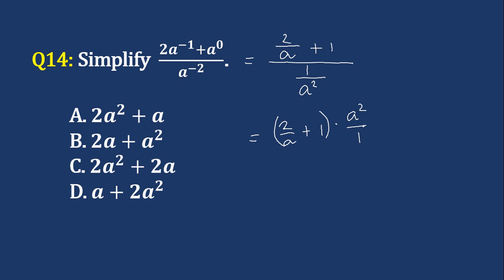That's just a squared, right? Now, let us distribute a squared inside. So we have 2 over a times a squared plus 1 times a squared. So we can cancel the a here. So we have 2a plus a squared. Alright, so the answer is letter B.